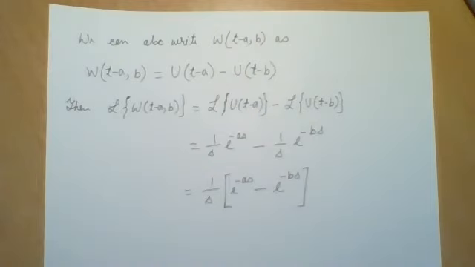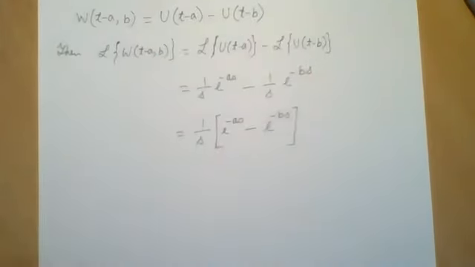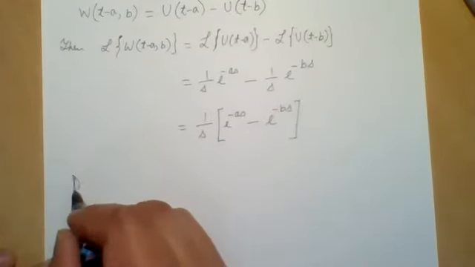Now, using this function w, let us try to find out the Laplace transform of the Dirac Delta function. And let me mention a few things about the Dirac Delta function first.